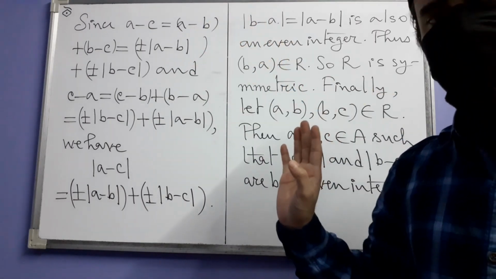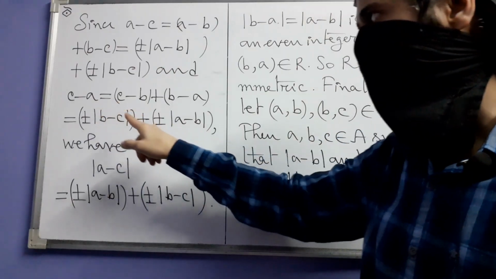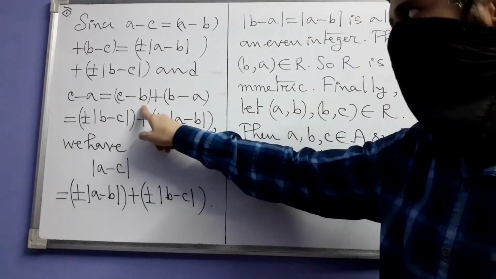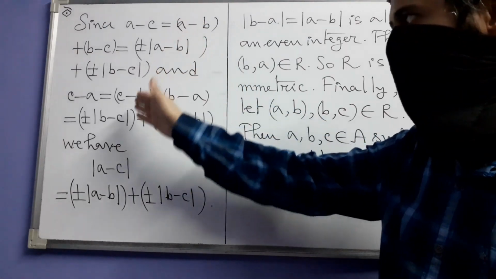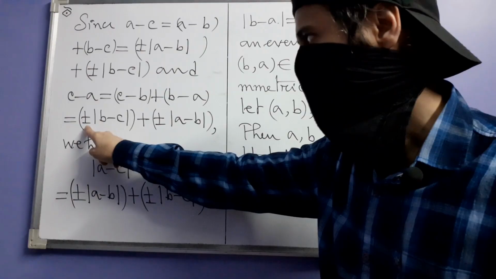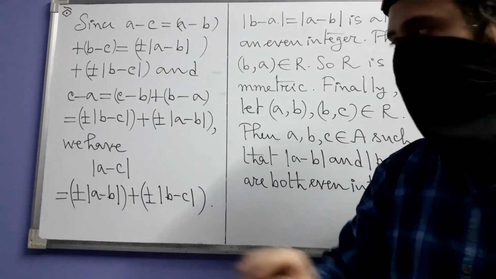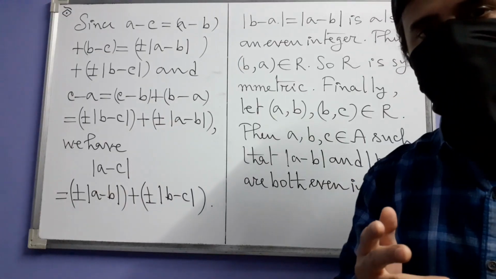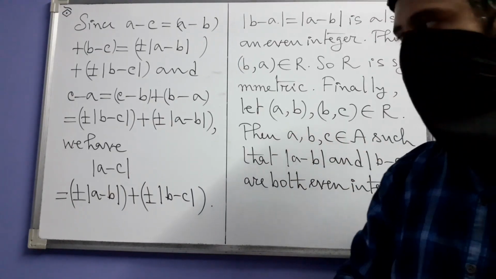So this is one thing. And similarly, if we consider c minus a, it can be written as c minus b plus b minus a. Now by a similar argument, c minus b is equal to plus or minus mod c minus b actually. But mod c minus b is equal to mod b minus c because inside modulus you can change sign.